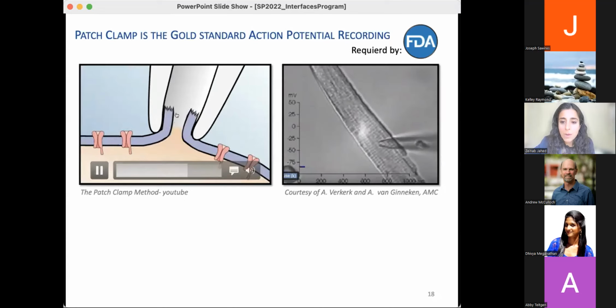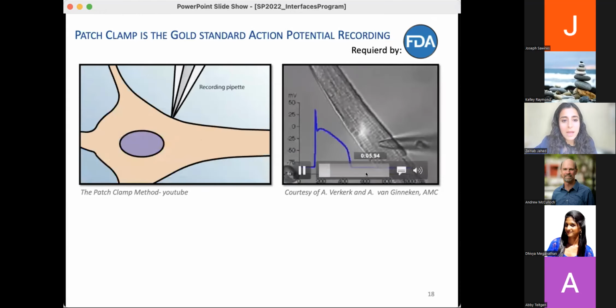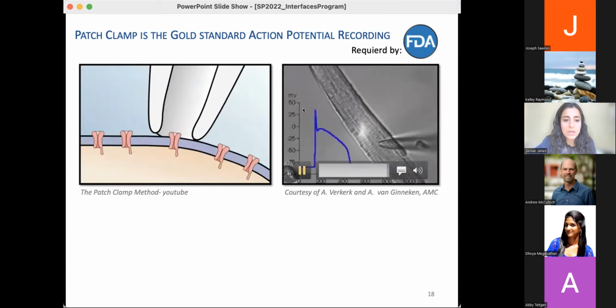When the membrane ruptures, the pipette actually obtains access to the inside of the cell, and you can measure the potential inside the cell. So here's the actual experiment here on the right. The pipette approaches the cell. There are small suctions, there are different methods to do this, but the membrane ruptures, and you can get this beautiful signal which shows the true shape of the action potential.